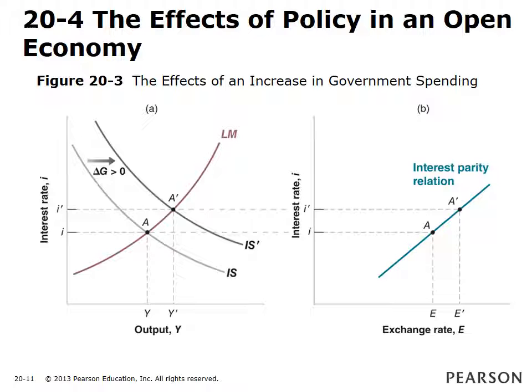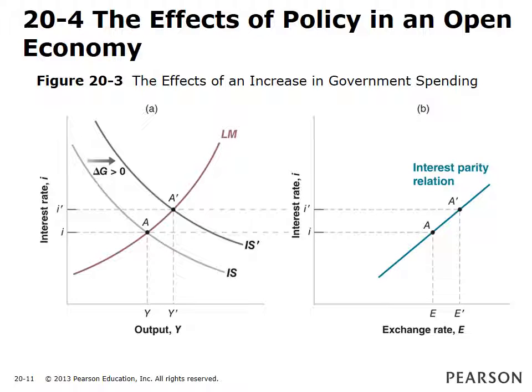What happens to the composition of output? Consumption increases because of higher output and income, and government spending increases by assumption. The effect on investment is ambiguous, just as it was in a closed economy, because output is higher, which increases investment, but the interest rate is also higher, which leads to lower investment.